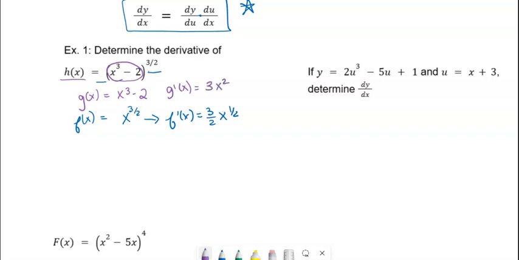Now if I'm going to put this all together, f' of g of x is 3 over 2. Now instead of x, I'm writing g of x in its original form, multiplied by 3x squared.